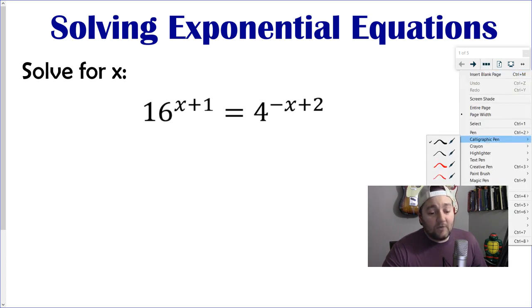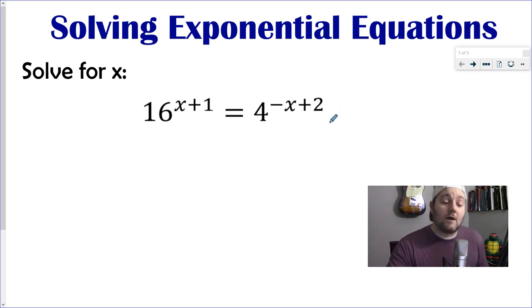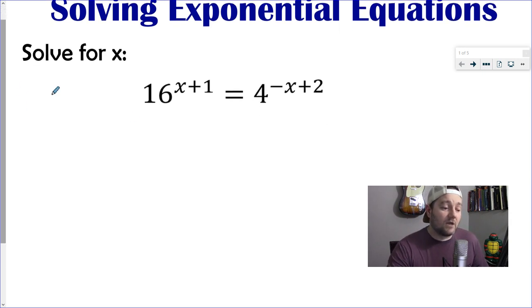So with solving any type of exponential equations, if we don't know logs, we need to have a common base. So what I mean by a common base is that we can write the base of both of these powers with the same number. So we look at these numbers and we ask, well, 16 and 4. So you might ask, how can I get these to be the same base?